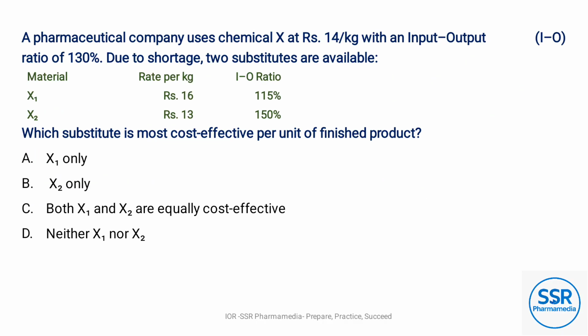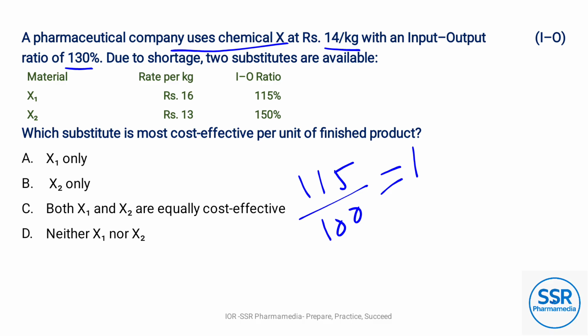The same sum: a pharmaceutical company uses chemical X at rupees 14 per kg with input output ratio of 130%. Due to shortage, two substitutes are available: material X1 at 16 with 115%, and X2 at 13 with 150%. You practice this sum. 115 divided by 100 is equal to 1.15, and you have to substitute.